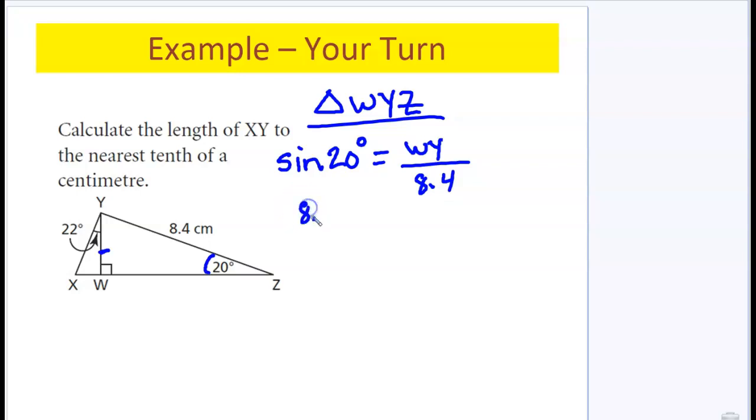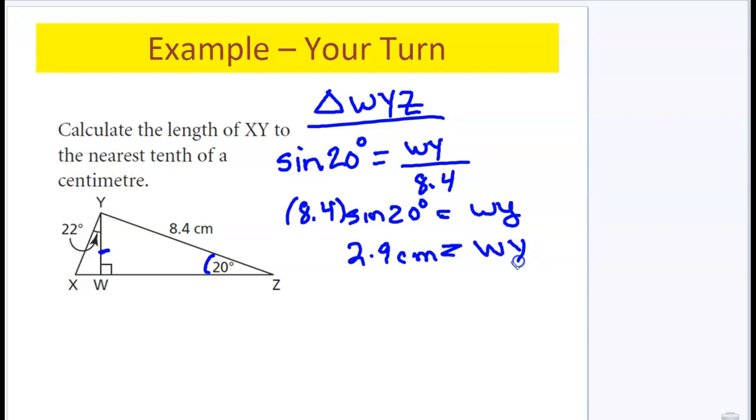Again, I'm going to multiply both sides by 8.4. And that will leave me with side length WY. So getting out your calculator, 8.4 times the sine of 20 works out to be 2.9 centimeters. Is going to be side length WY. So now I know that this is 2.9 centimeters.